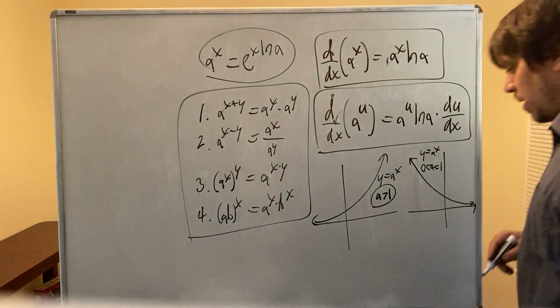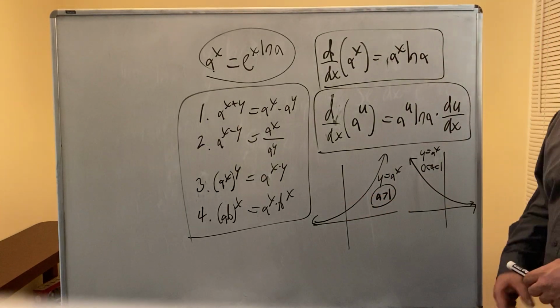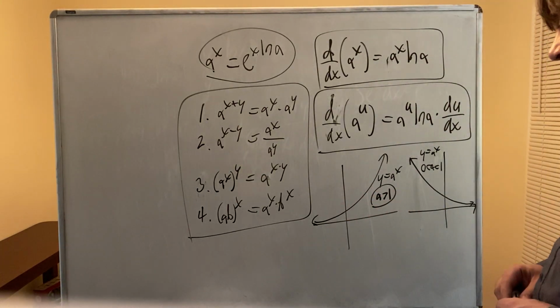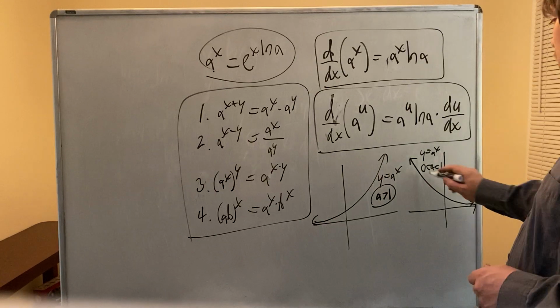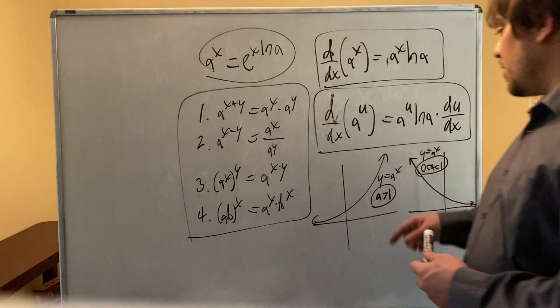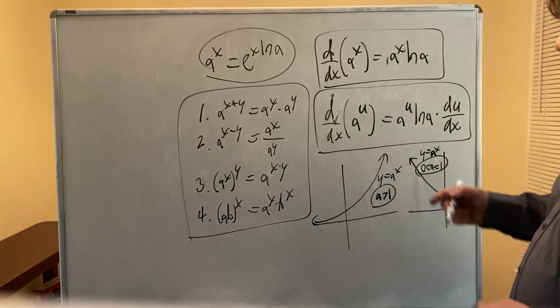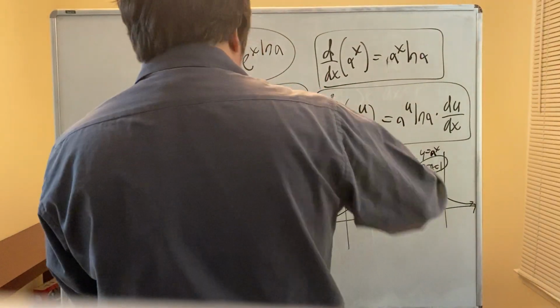So we're only considering positive a. Now if a equals 1, it's just a horizontal line. Okay? And so these are the graphs depending on what a is. Okay, that's the graph of a to the x. 2 cases: a greater than 1, a between 0 and 1, not including 0 and 1.